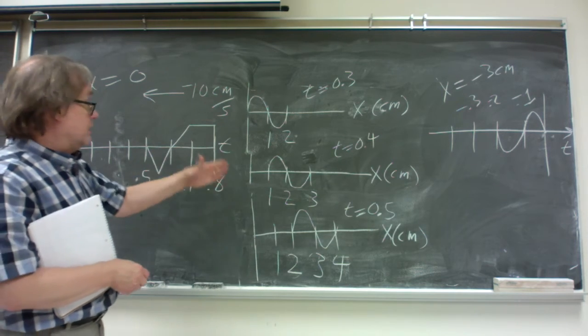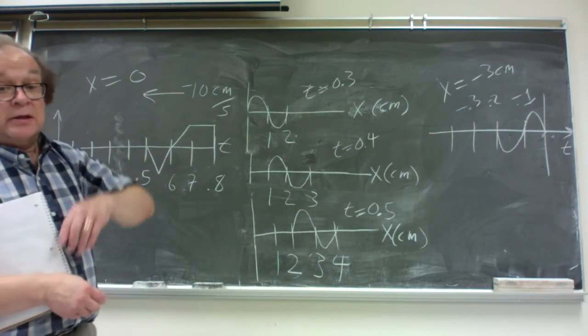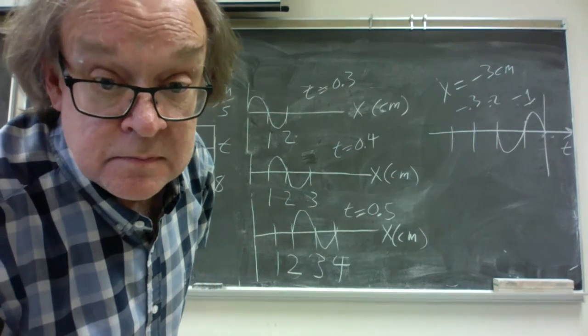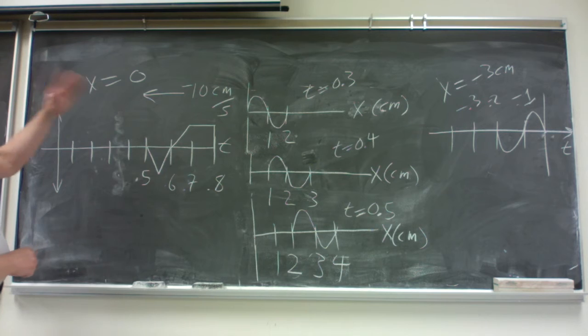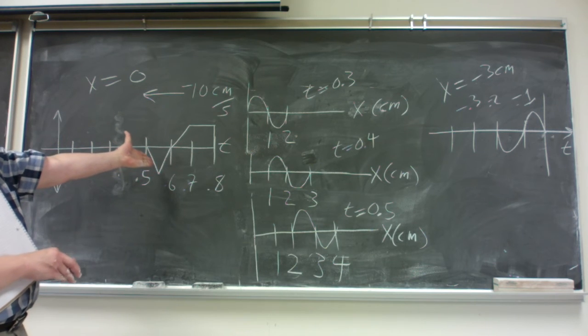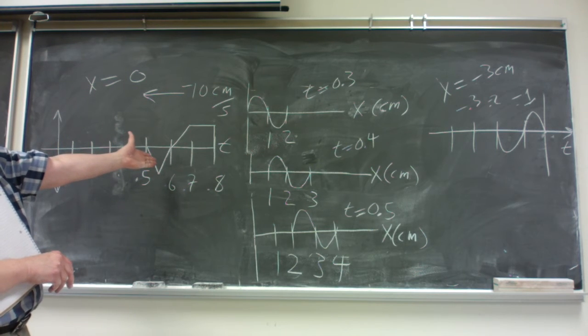So rapidly that on this time scale it just looks like practically a vertical line. Okay, so that's what happens to the x equals 0 point.